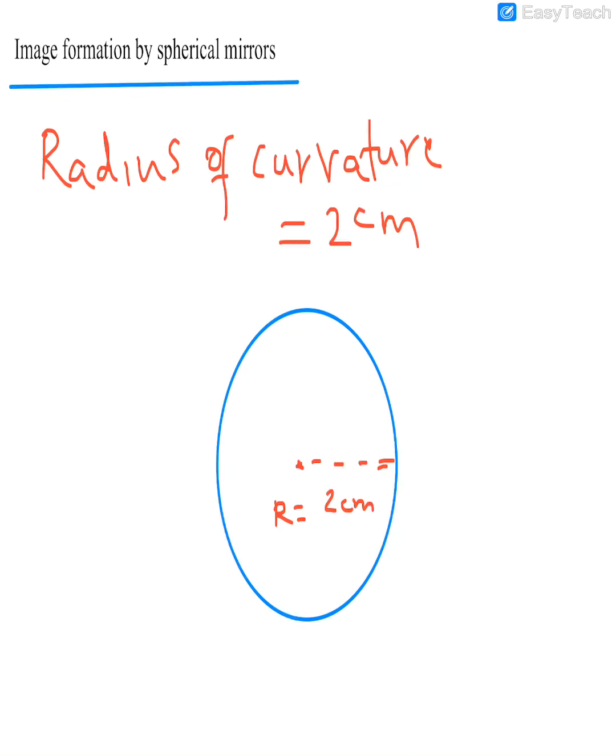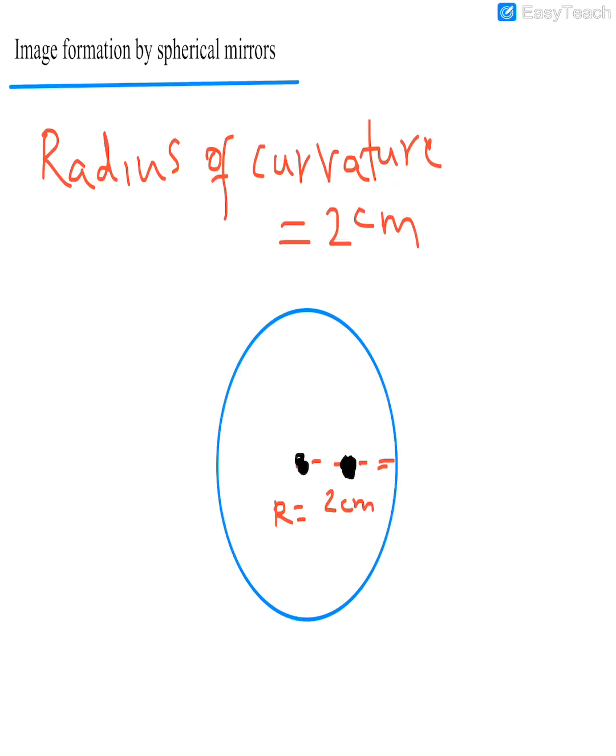Now you know that focus is always at the middle of radius of curvature. Radius of curvature is 2 centimeter, so focal length will be 1 centimeter. So focus will be at the middle. So you can mark focus. This is your radius of curvature r, and now this will be the focus.